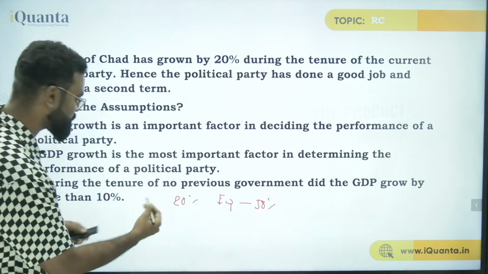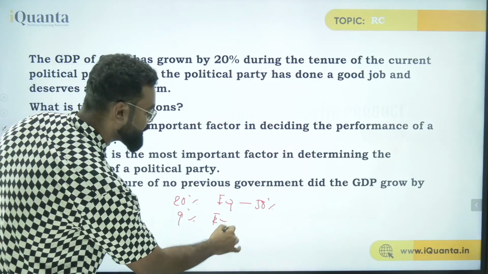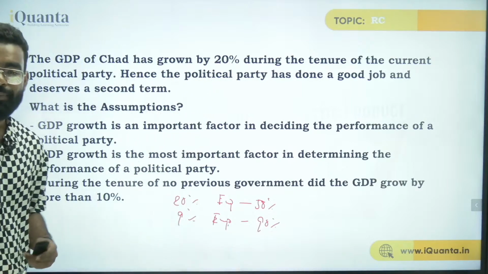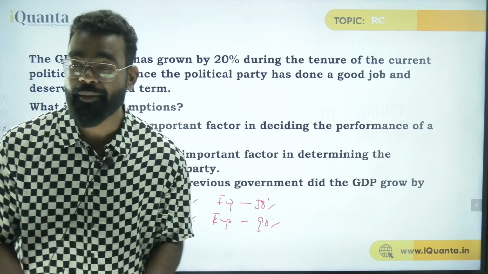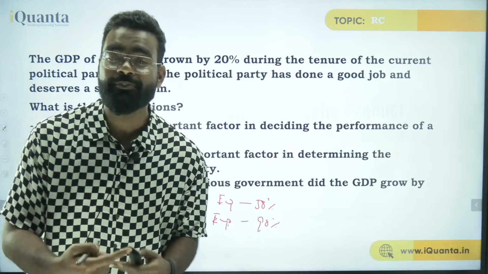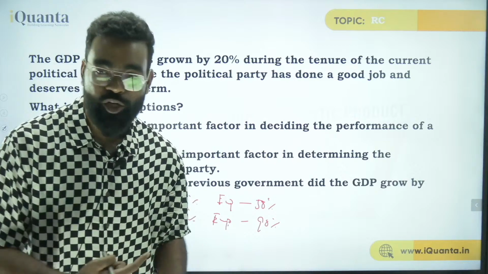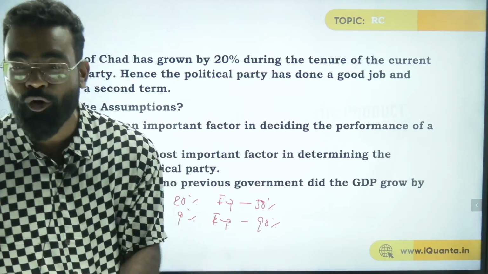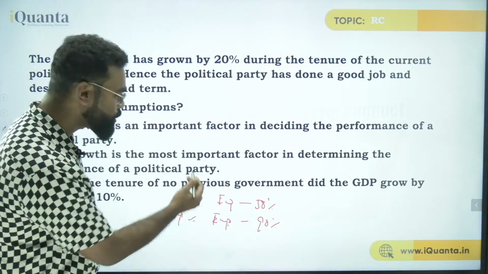In the previous government, GDP growth was 9%, but the employment rate was 90%. So I'm not saying GDP is the important factor. I'm just adding another premise. Another premise might strengthen your argument and your conclusion, but it won't work as your assumption. So these are very close options.